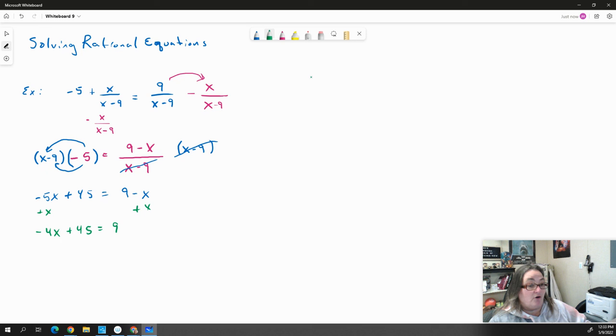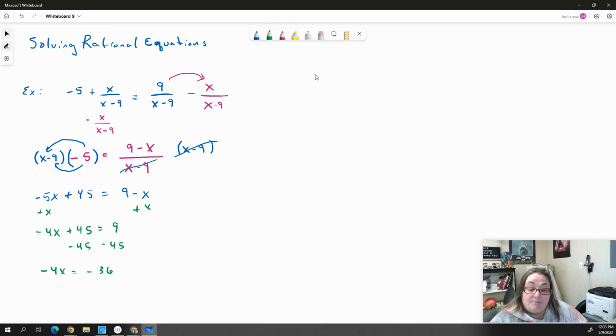And now we just have to start undoing everything that's happening to the x. So here we've got 45 being added to it. So we're going to subtract 45 from both sides. And we wind up with -4x equals negative 36. 9 minus 45 is negative 36.